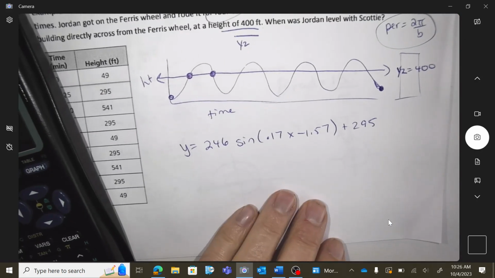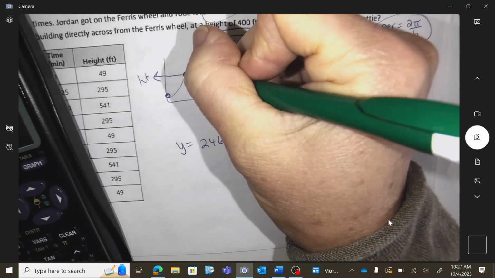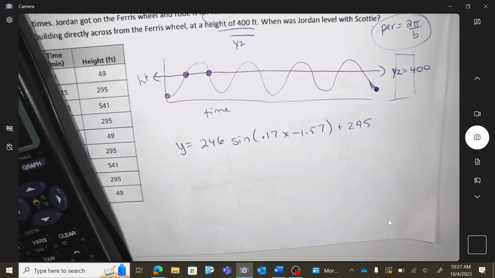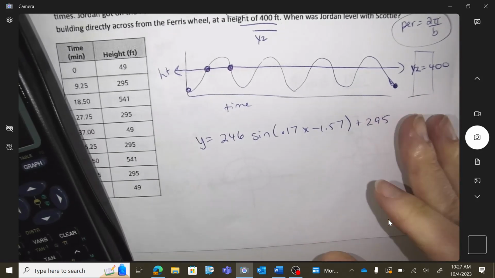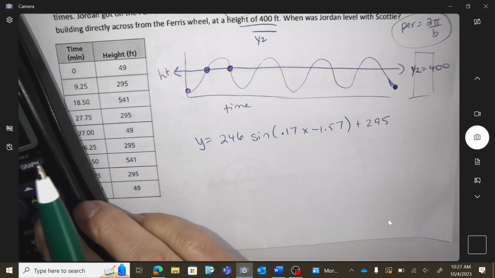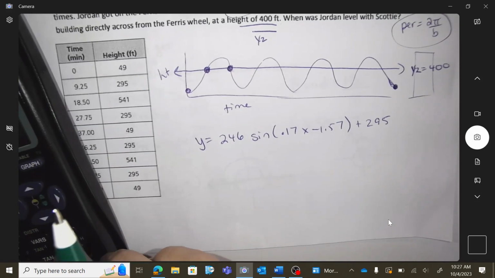Okay, here's what we're going to do. Get me the intersection right there, and that's it. I just want those 2 intersections for now. This intersection and that intersection is when his friend would be level.